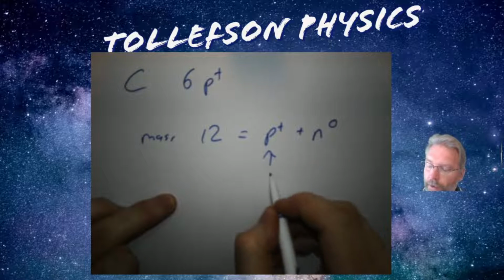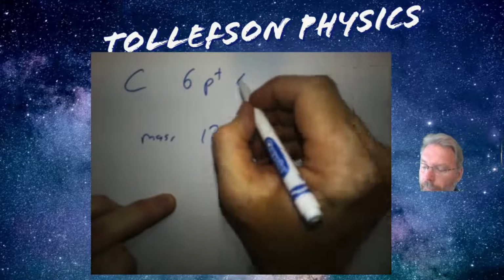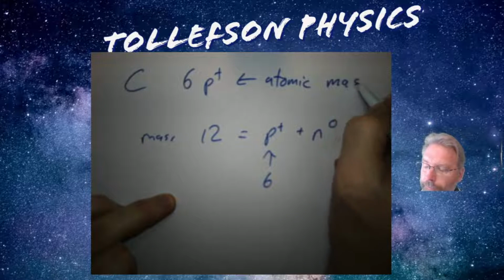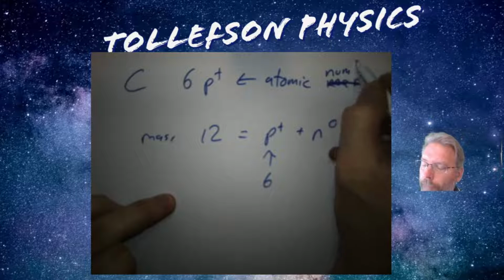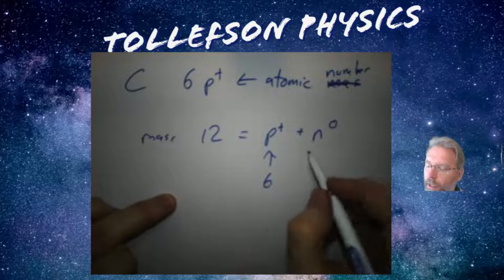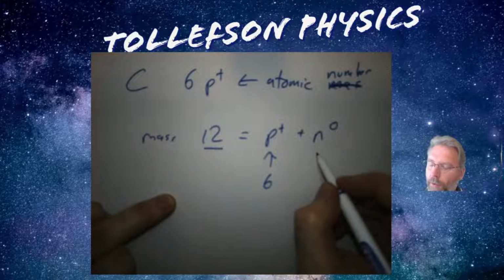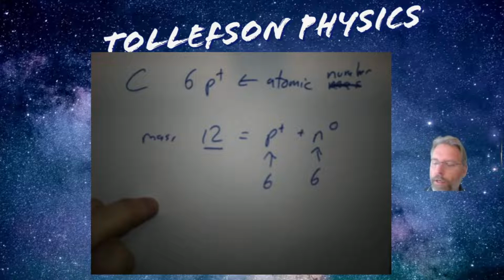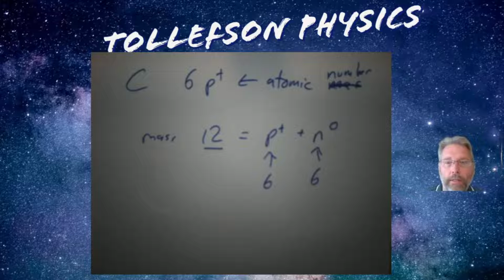So based on the atomic number, the number of protons is 6, and the atomic mass is 12. Well, 6 plus 6 equals 12. So this particular atom has 6 protons and 6 neutrons.